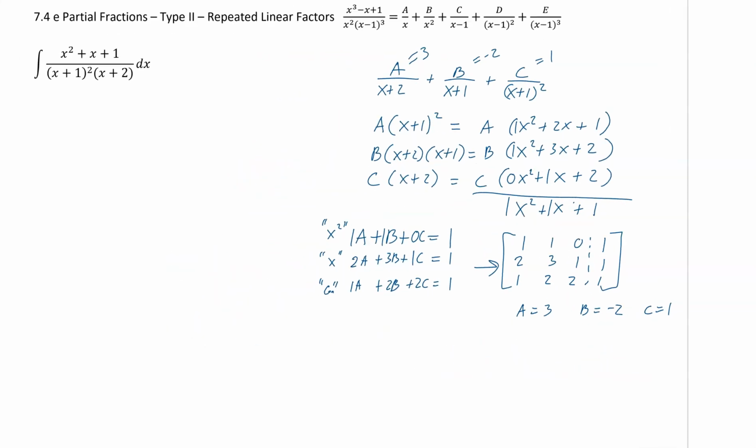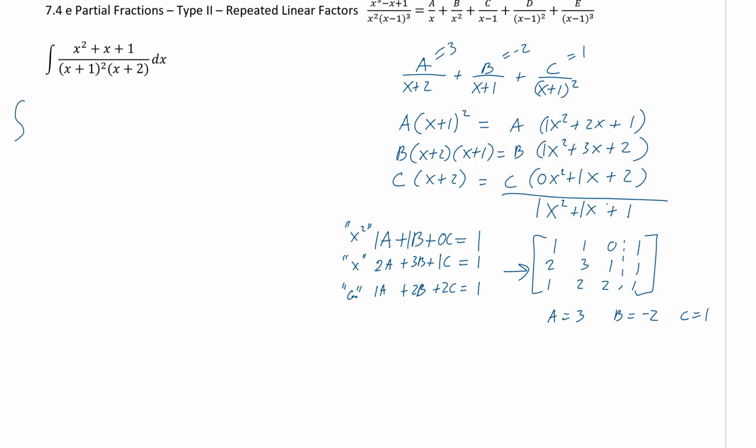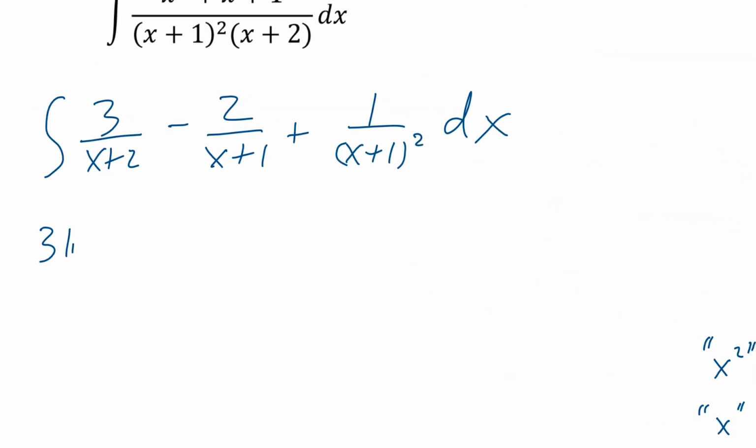So now when we write these, this becomes the integral of 3 over x plus 2 plus, put a minus 2, 2 over x plus 1 plus 1 over x plus 1 squared dx. All right, and so this becomes 3 natural log of x plus 2 minus 2 natural log x plus 1.